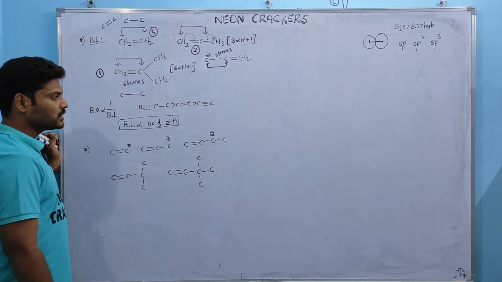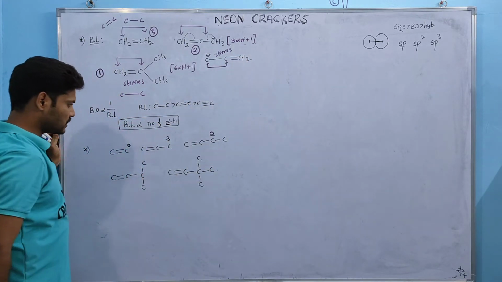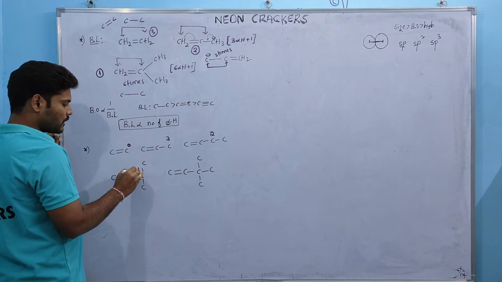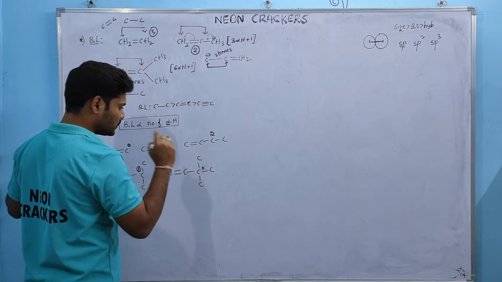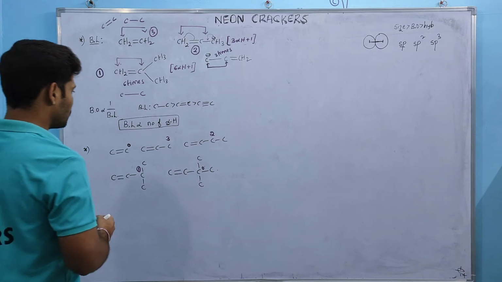So 3 hyperconjugative structures means alpha plus 1 structures. Anyway, 2 alpha hydrogens, right? Now here how many alpha hydrogens? 1 alpha hydrogen. Here 0, here 0. Now tell me, which one has the maximum bond length?